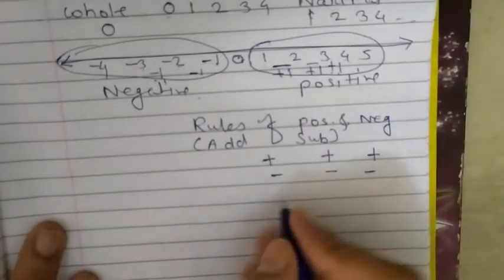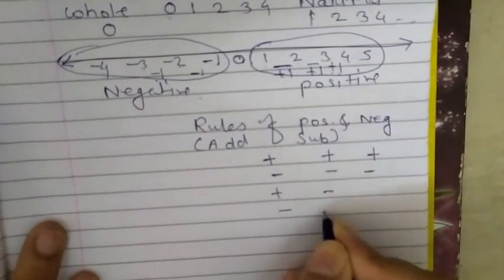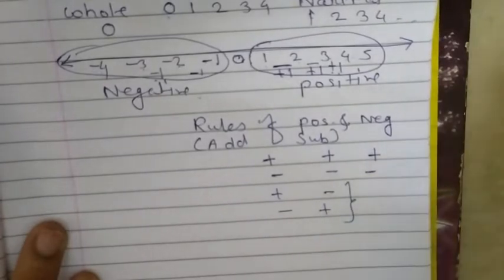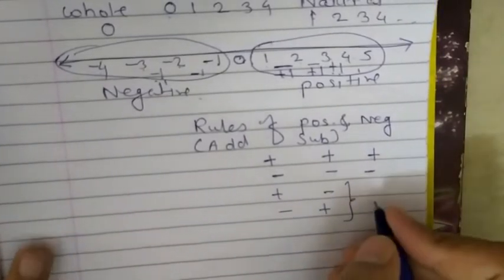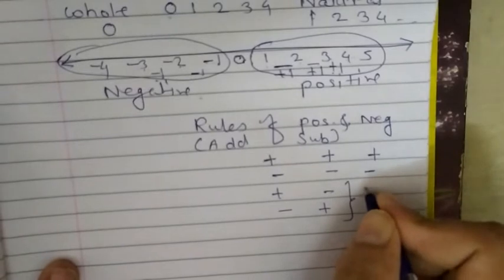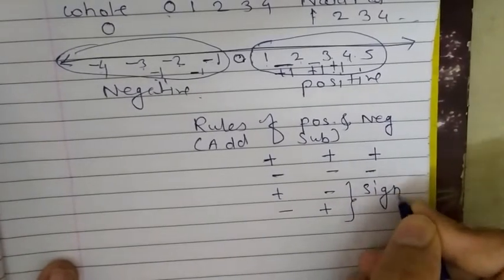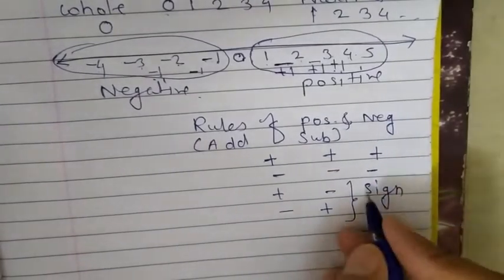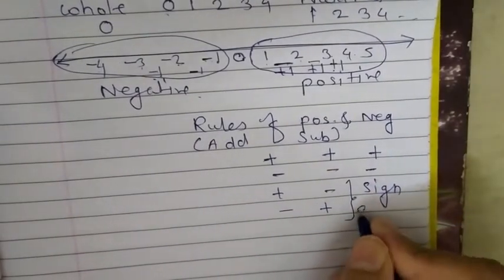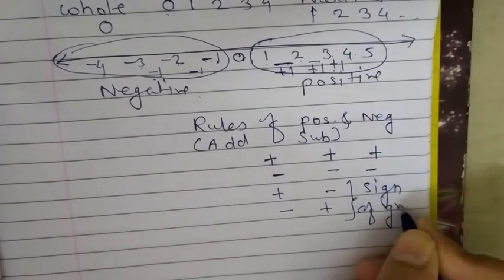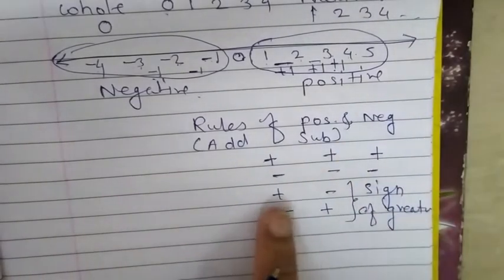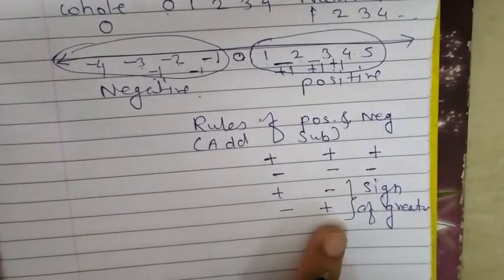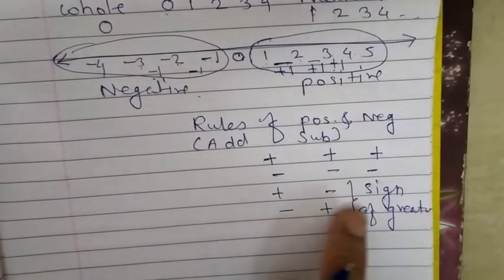And in the case of plus minus or minus plus, we will take the sign of the greater number. This sign is not fixed, it depends on which greater number has which sign. So here I am writing sign of greater number. So whenever we have plus minus or minus plus, in addition and subtraction we will take the sign of the greater number.